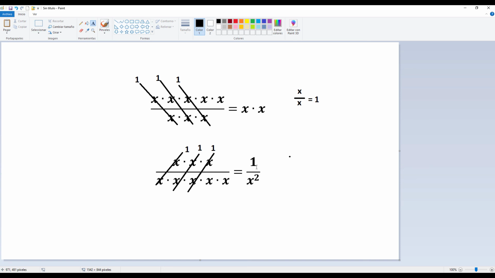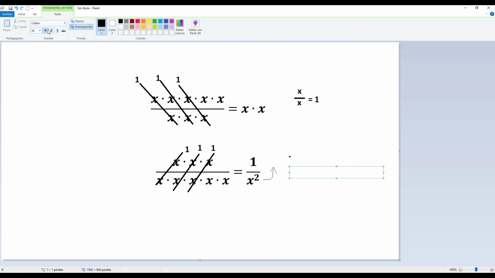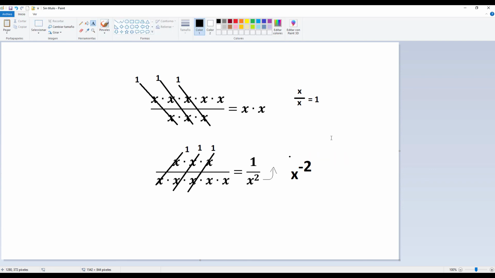So this is the reason that that 1 appears. And if you remember the rule, you can move that term up. But what happens when you do that? You need to change the sign of the exponent.